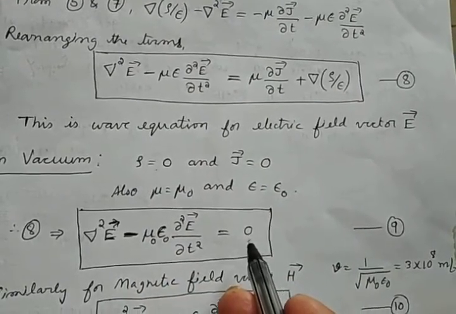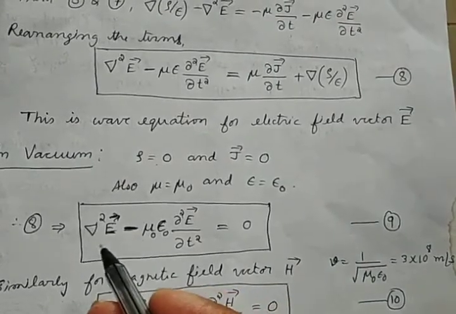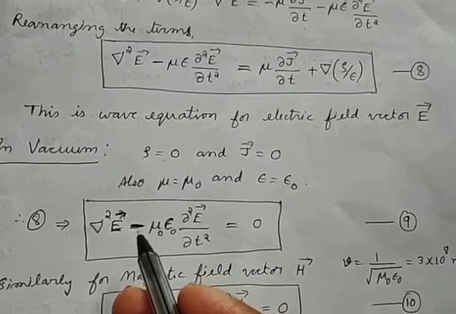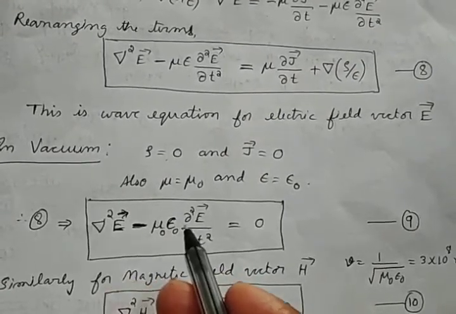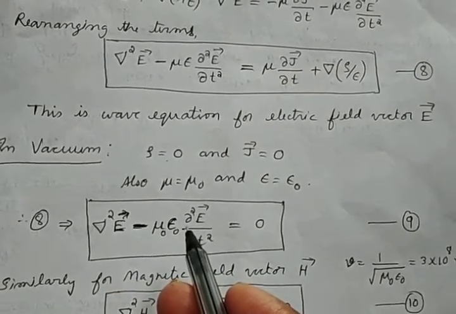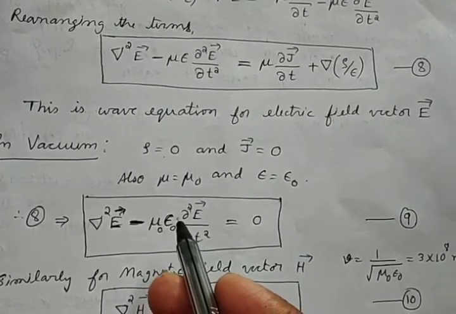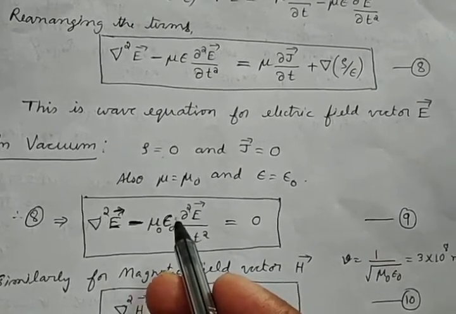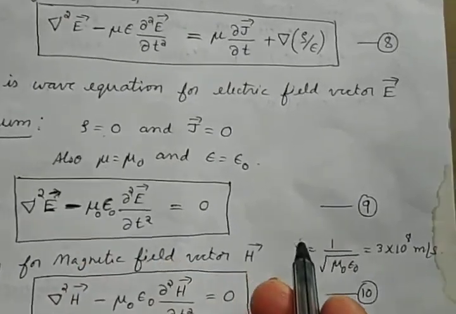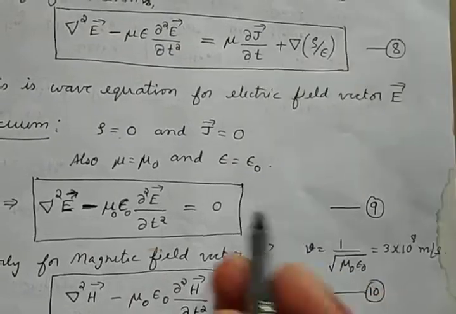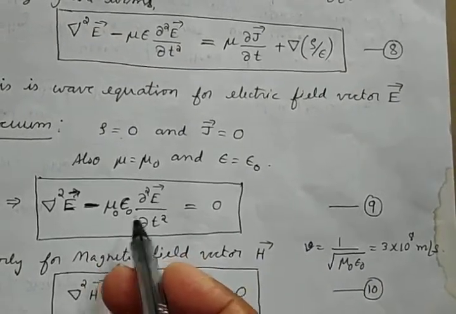So this is called the equation for the electric field vector in vacuum. Now this is similar to any wave equation, and if we compare it to the wave equation, the velocity of the wave can be written as 1 by square root of mu naught epsilon naught, that is this term here.